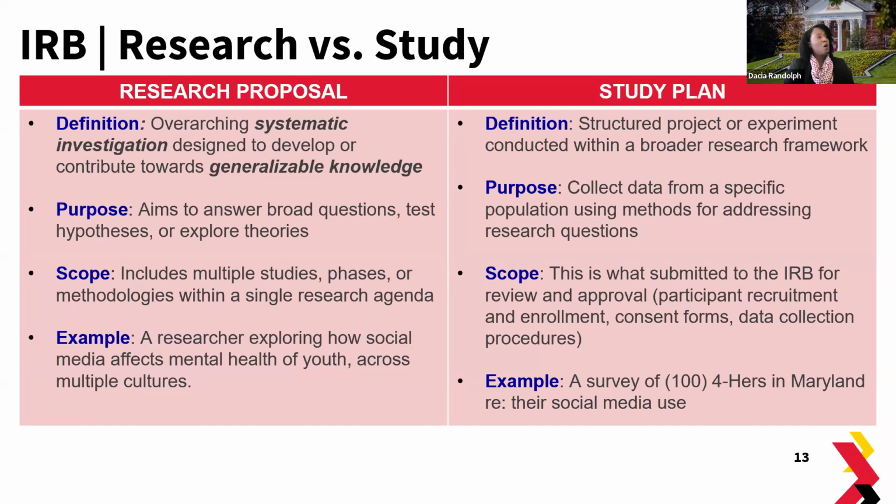The scope of a research proposal includes multiple studies, phases, or methodologies within a single research agenda. For instance, a researcher exploring how social media affects the mental health of youth across multiple cultures is the overarching theme. Then you provide some specification with multiple studies within that research to either prove or disprove any theories that you have.